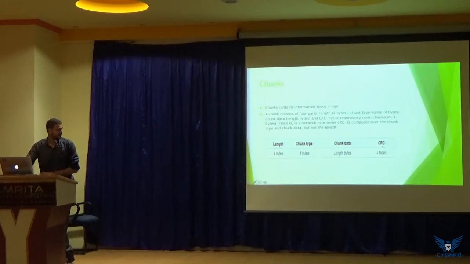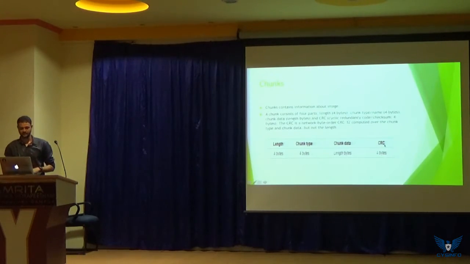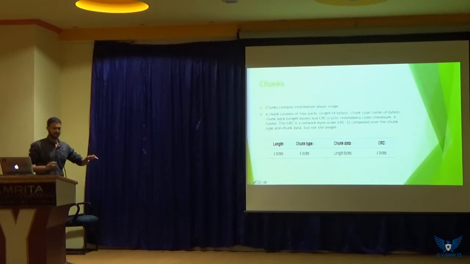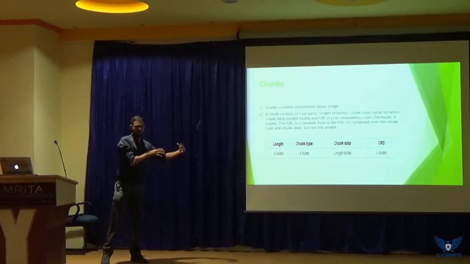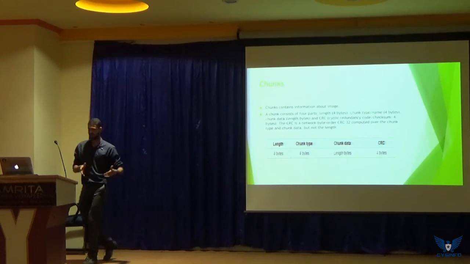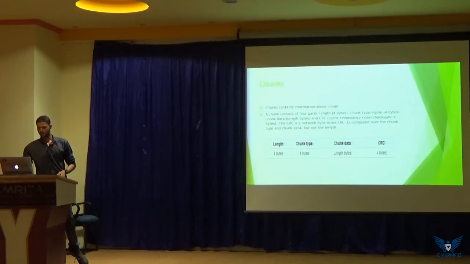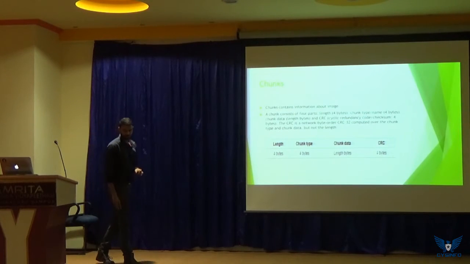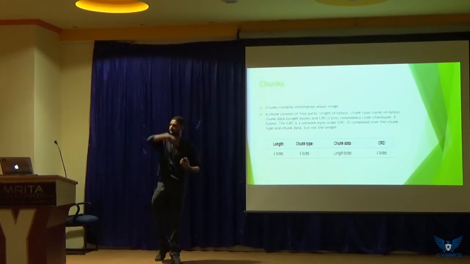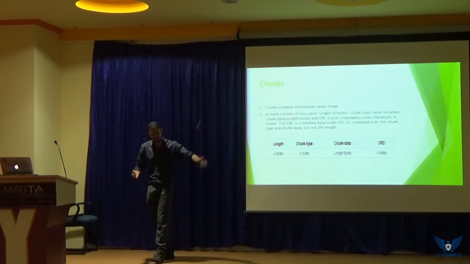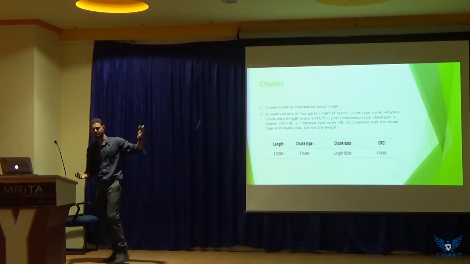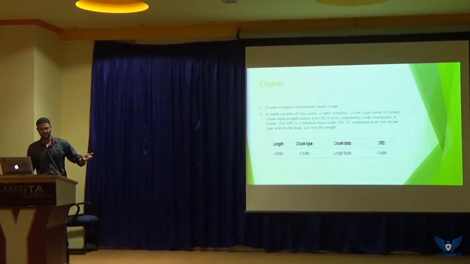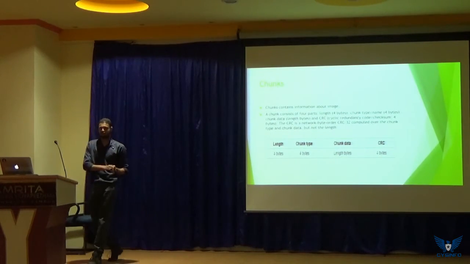Now here, in CRC I was getting the error, right? The length and chunk type were okay. I checked whether it is giving the same value or not, and that was fine. Now the only variable was this chunk data. In chunk data, there is something that is not matching, and that's why I am getting a CRC error, meaning it's not a valid PNG. And if it is a valid PNG, then it should match the CRC.